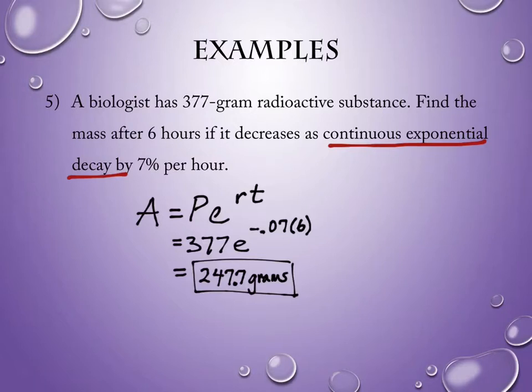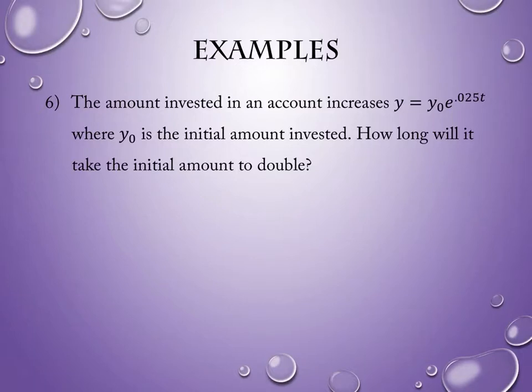Okay, so the next one is an interesting question about doubling. It's posed into a context of kind of like it's money, but it doesn't actually have anything specific to do with money. So it says the amount invested in an account increases, and it gives you an equation, y equals y0, e to the 0.25t.